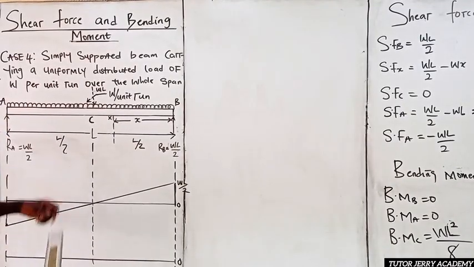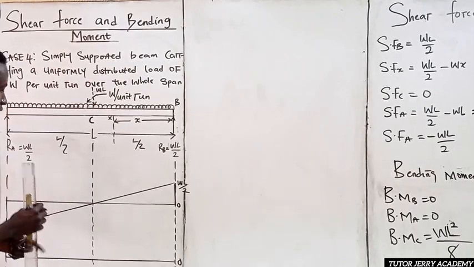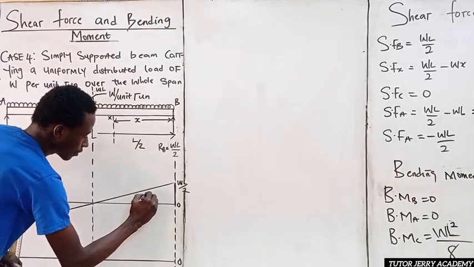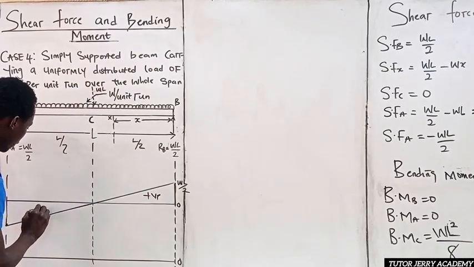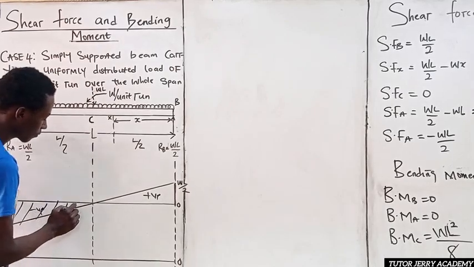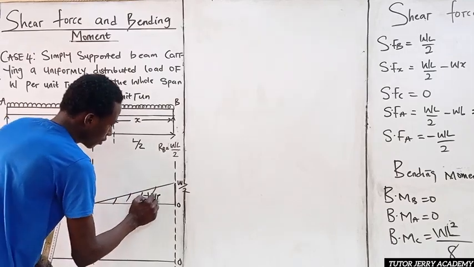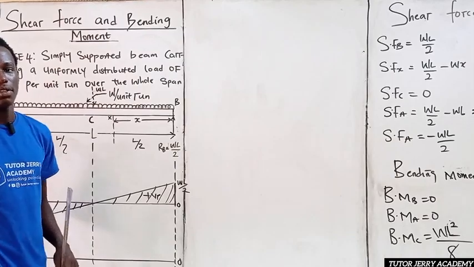For our bending moment now, we are going to be using the values we have there. Of course you know that this is positive, this is negative. So all you just have to do is to shade this part and also shade this part. So that's all for now.